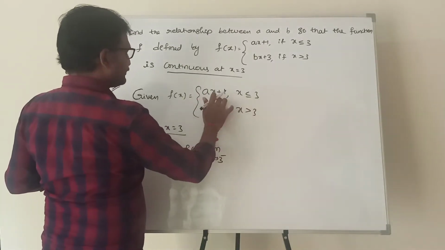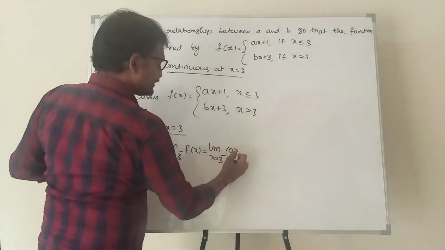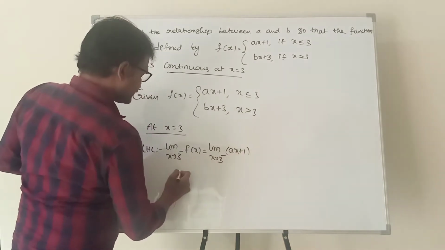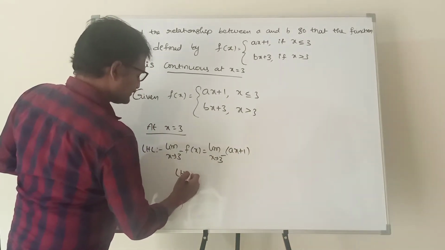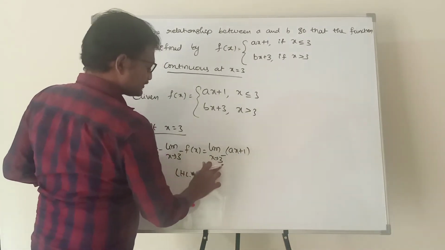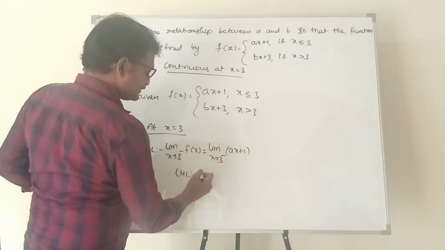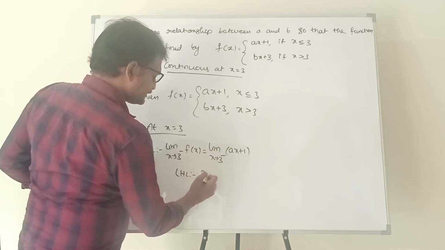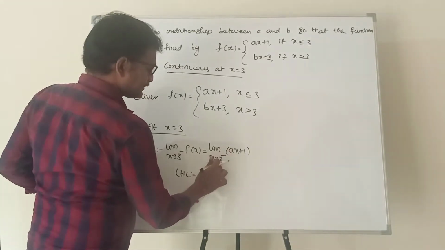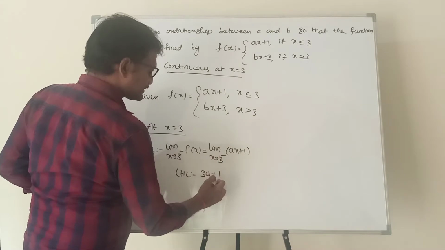If x is less than 3, f of x is ax plus 1. So for the left hand limit, x is approximately equal to 3, and the function value is 3a plus 1.